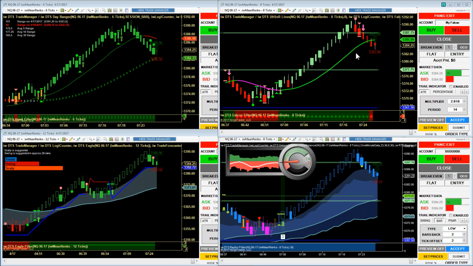We've been trending upwards almost since the open. We're about an hour into the session, which is also a time where we tend to see a reversal against the morning trend, if there has been one.